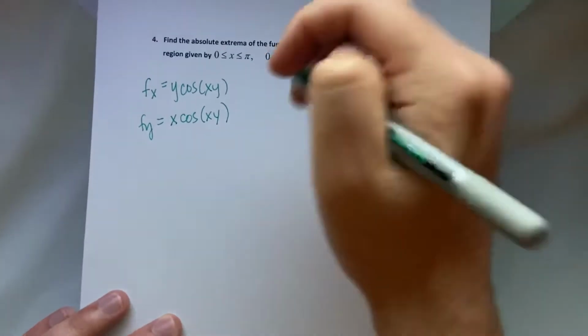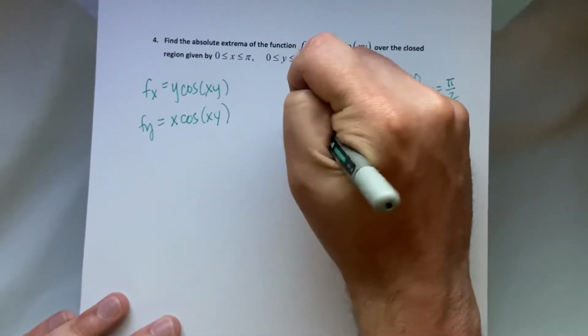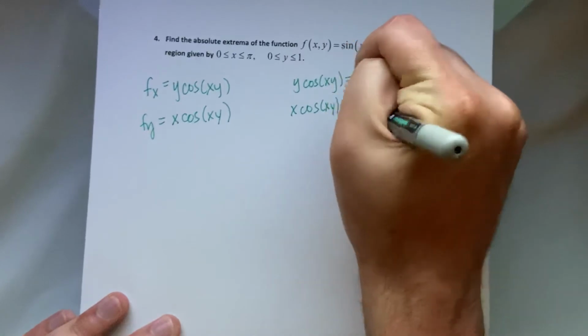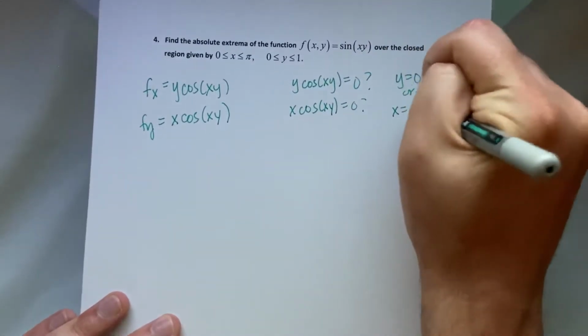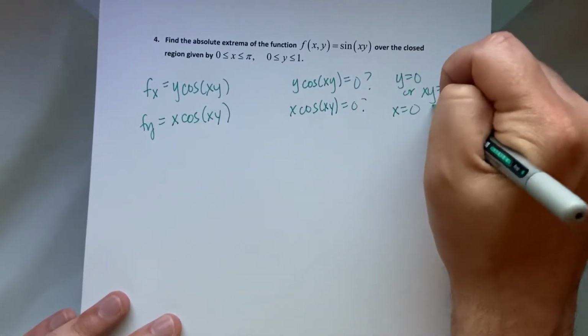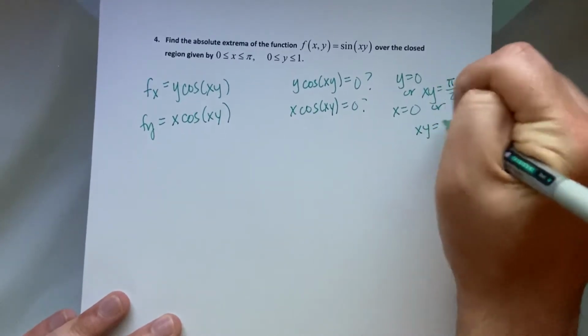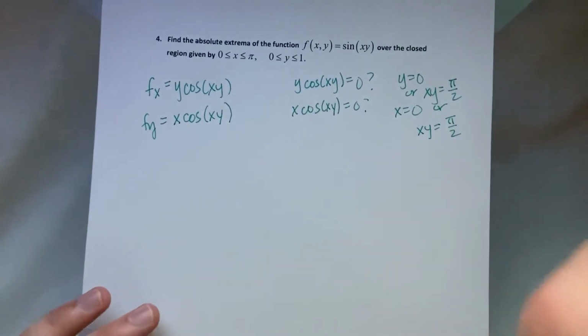It's the only one in the range. What about x cosine xy? We need x to be 0, or xy to equal pi over 2, because it's still cosine.